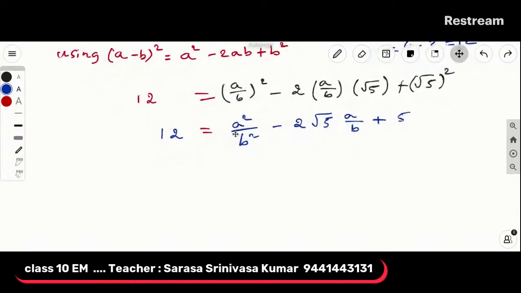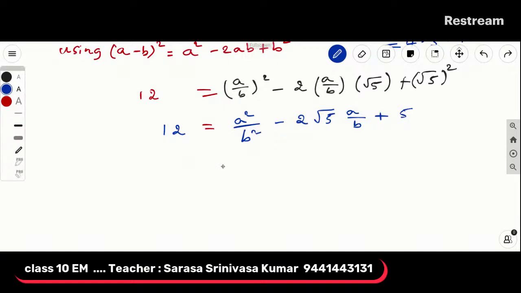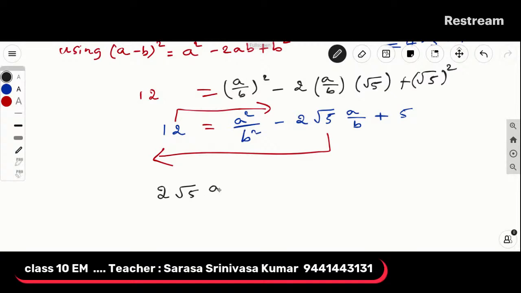Now we bring this term to the left hand side and 12 to the right hand side, so that we get 2 square root of 5 a by b equal to a square by b square plus 5 minus 12.